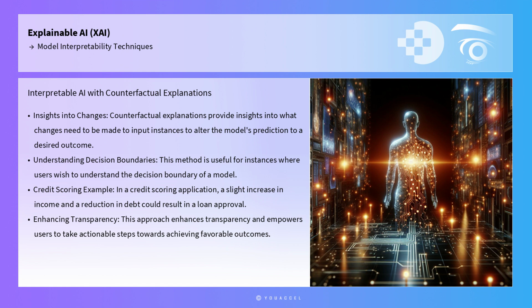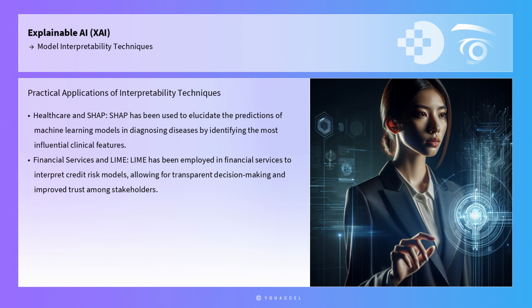Implementing counterfactual explanations requires generating a set of alternative input instances and evaluating how changes in feature values affect the model's predictions. This approach not only enhances transparency, but also empowers users to take actionable steps towards achieving favorable outcomes. Case studies further underscore the practical utility of these interpretability techniques.